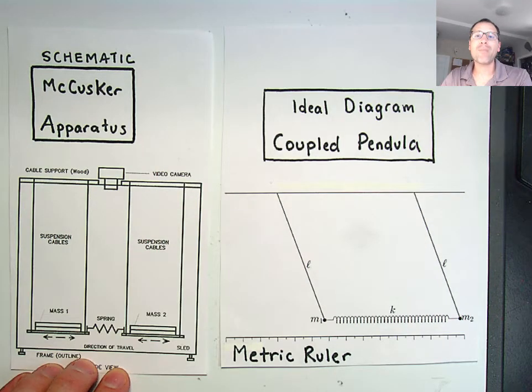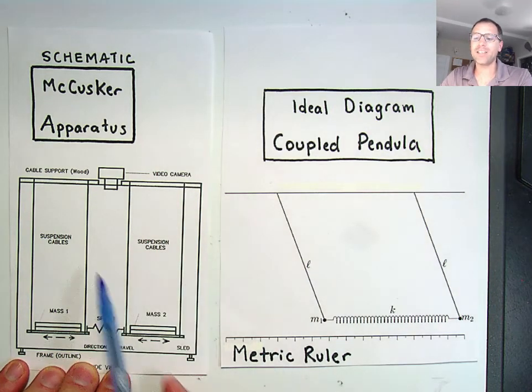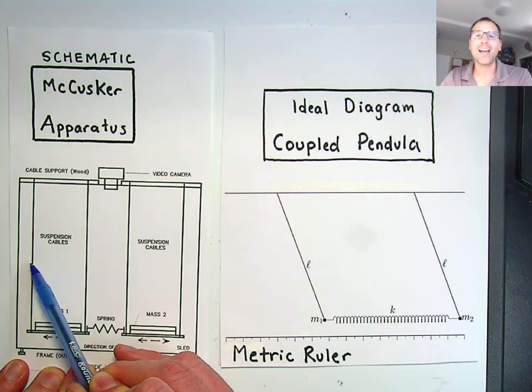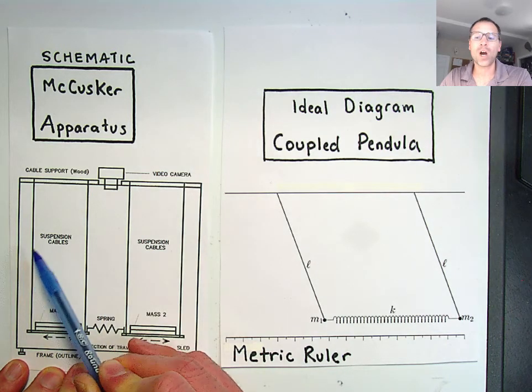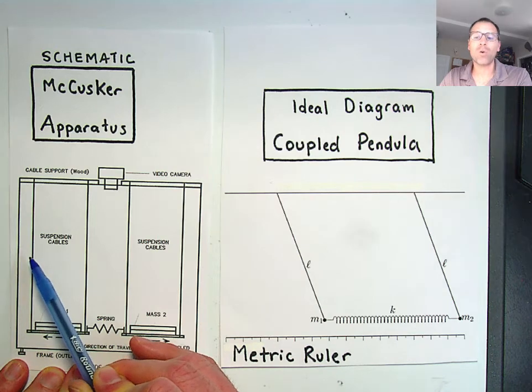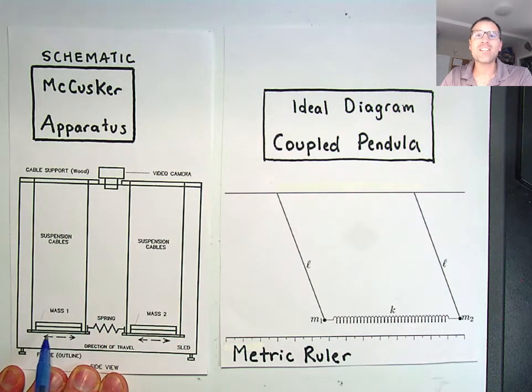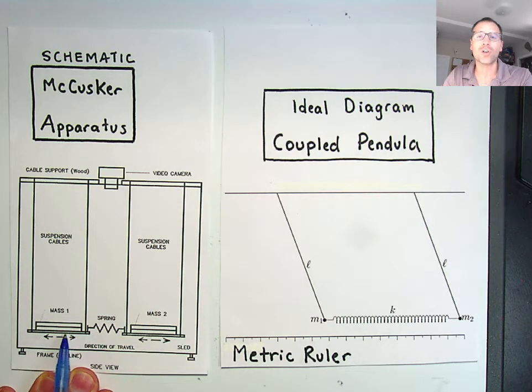From the standpoint of the mathematical model, what's important is, first, that these cables act as a stiff rod. They do not bend and buckle. Second, that the masses move in small angle approximation. In other words, these are not wild swings, but very small swings around the center of the resting mass. Third, that the spring acts as an extension spring.